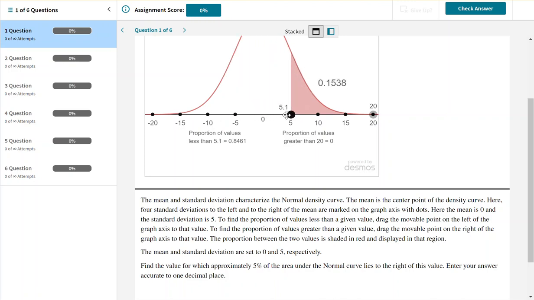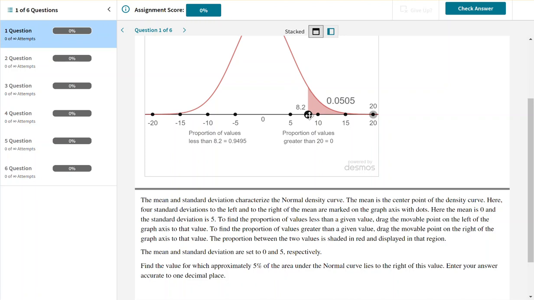If I stop right here, I've got 16% of the values above, it looks like 4.8. What I'm trying to do is find the point where I get 5% of the values, so I'm looking for 0.05, or as close as I can get.